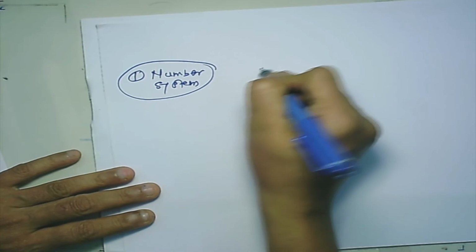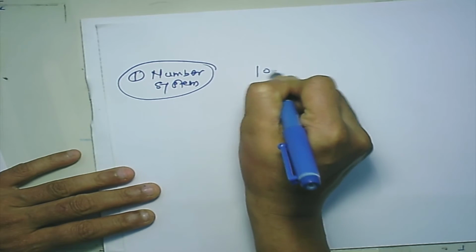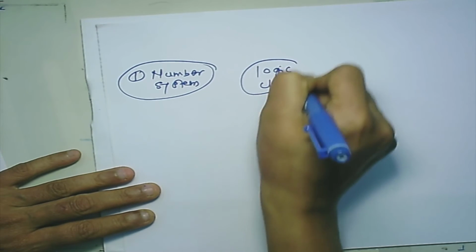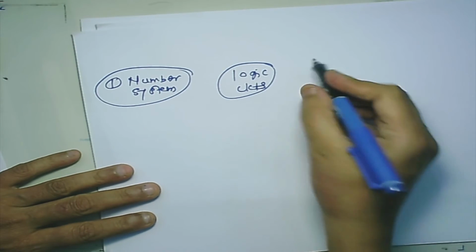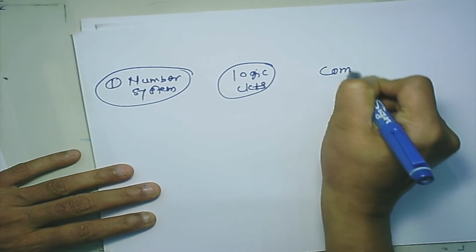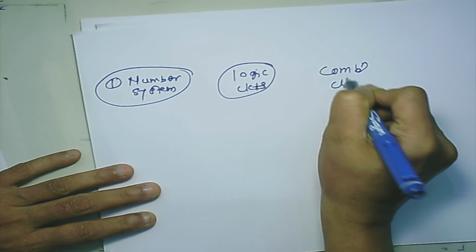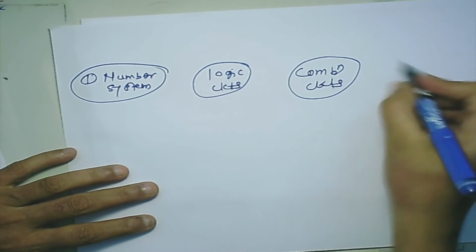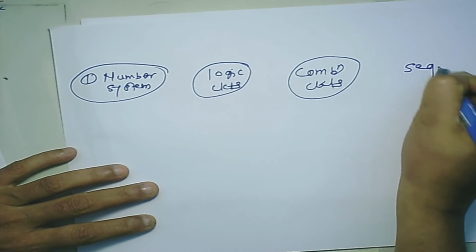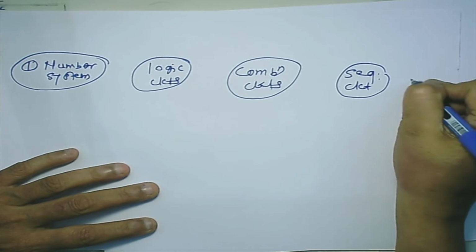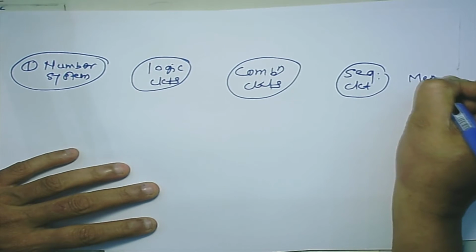Then come the basic circuits, or I can say logic circuits. That is the second idea. The third important idea is the combinational circuits. The fourth important idea is the sequential circuits, and the last one is the memories.